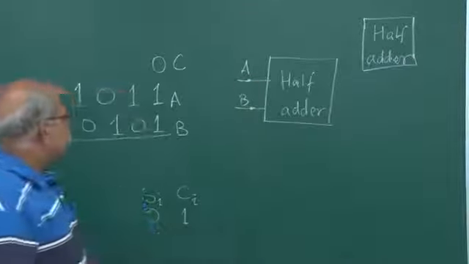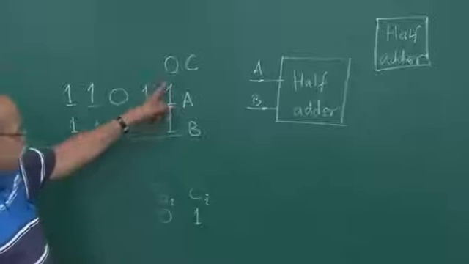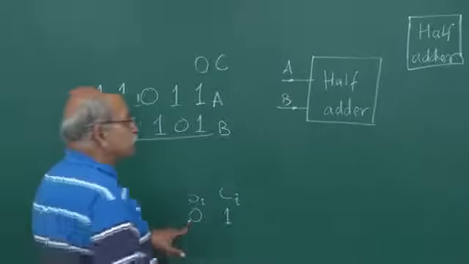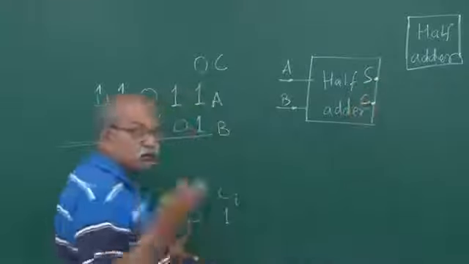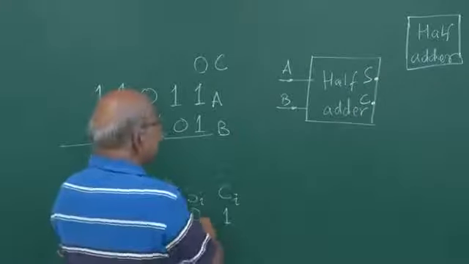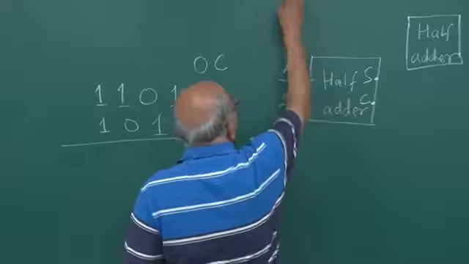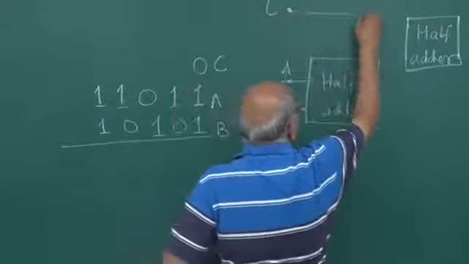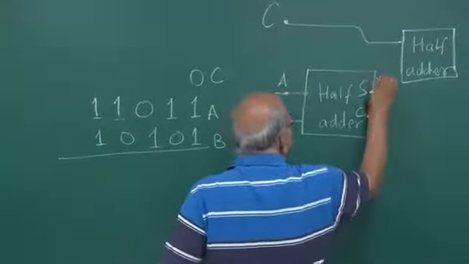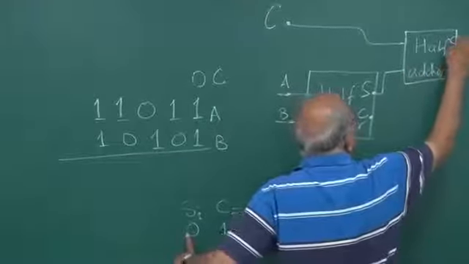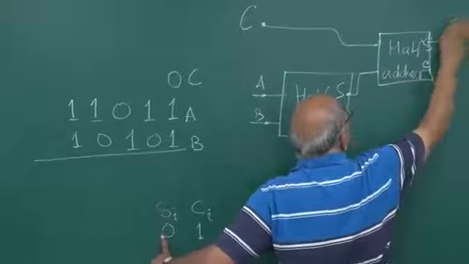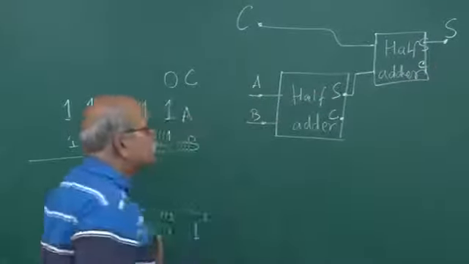And I say that the sum that I am getting from this, so this is the sum point, this is the carry point, you know, in the half adder you have two outputs. So, this sum and that carry, and here that is the carry. So, this carry and the sum go here, and then the sum, this is our final sum.